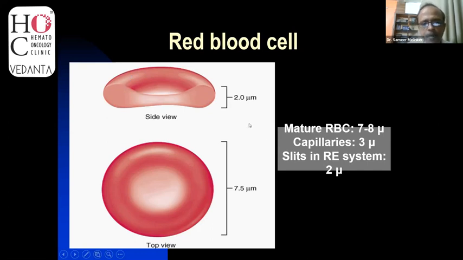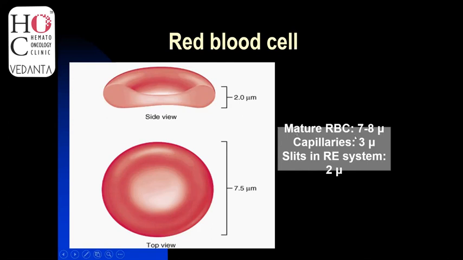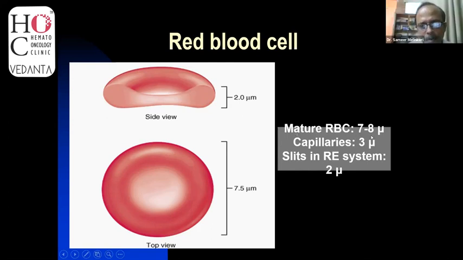The normal mature RBC is about 7 to 8 microns. The capillaries are about 3 microns, and the slits in the reticuloendothelial system are about 2 microns. Okay, and so as you can see, when you look at it sideways, it's about 2 microns here.